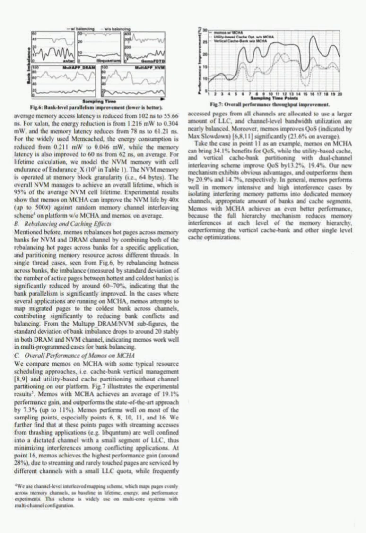Our new mechanism exhibits obvious advantages, and outperforms them by 20.9% and 14.7%, respectively. Because the full hierarchy mechanism reduces memory interferences at each level of the memory hierarchy, outperforming the vertical cache bank and other single-level cache optimizations.